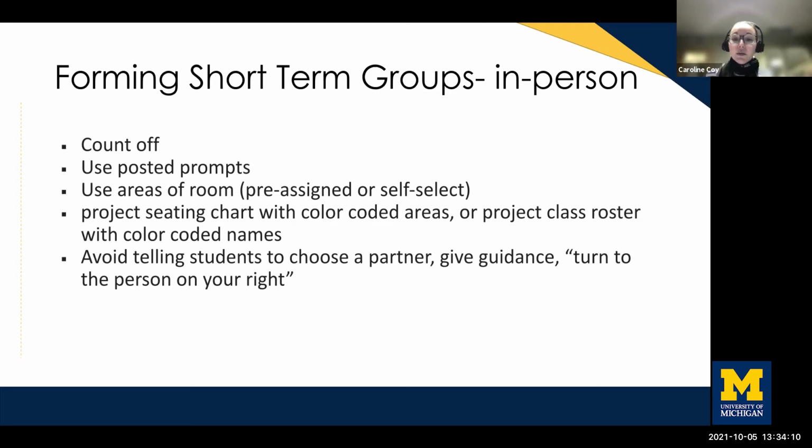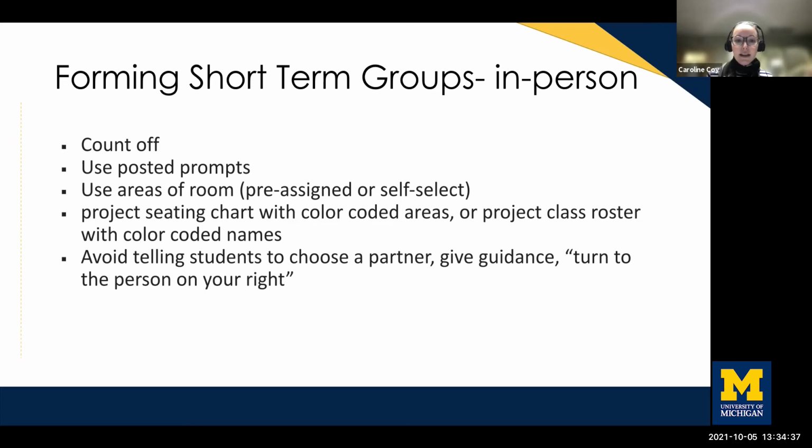You can use color-coded areas of a classroom, maybe a table that has a green card, a table that has a blue note card, and you divide them by color. You can project your seating chart and then have their names within a color-coded area that corresponds to, for example, a blue card on a table.